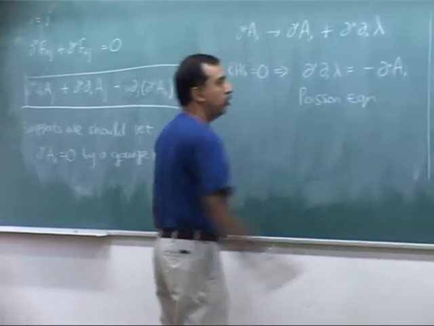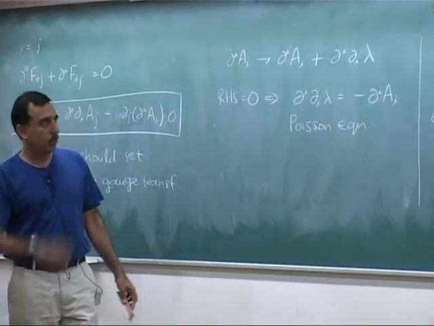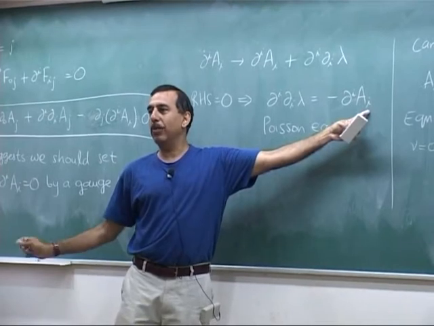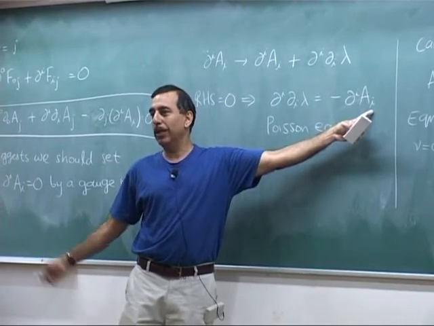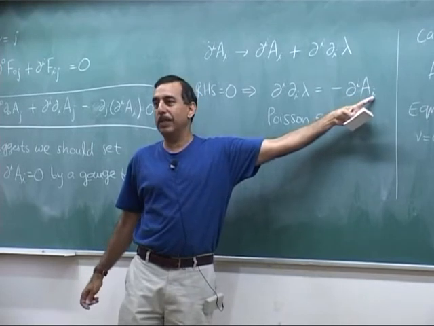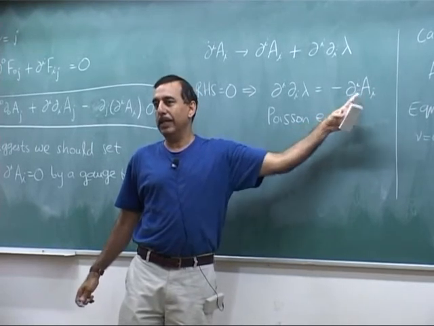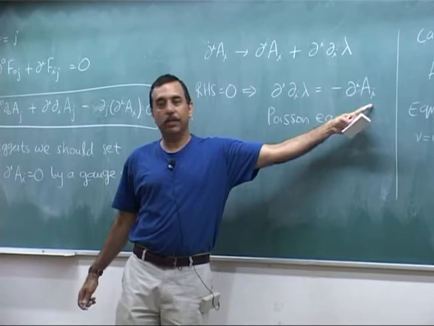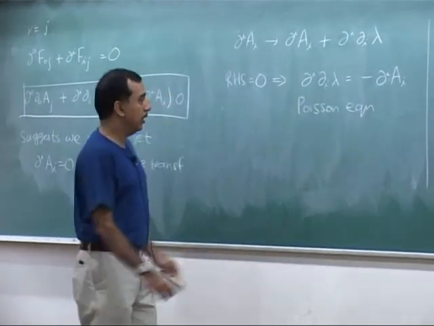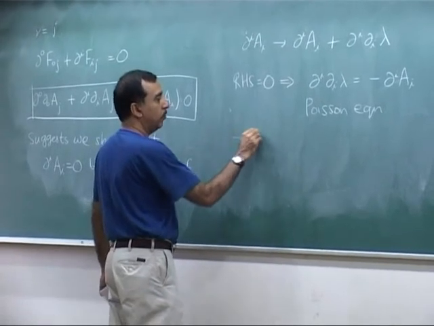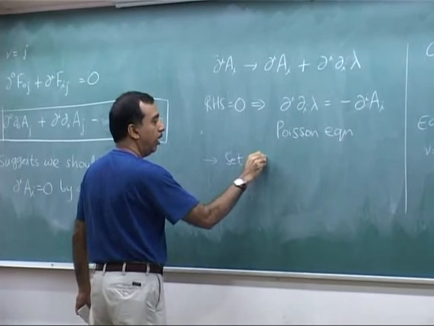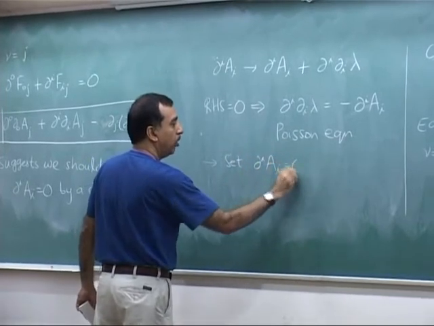So here we won't go into too many mathematical subtleties, but hopefully this is some source. It's just like we have del squared something equals rho. This is like that rho. So it means that whatever configuration A_i I was given, its divergence is a source in terms of which I can solve for lambda, and at the end, by using this lambda, I would have set del_i A_i equals 0.